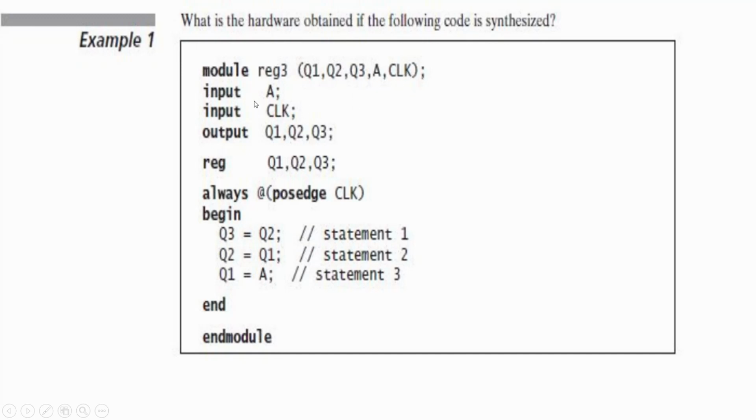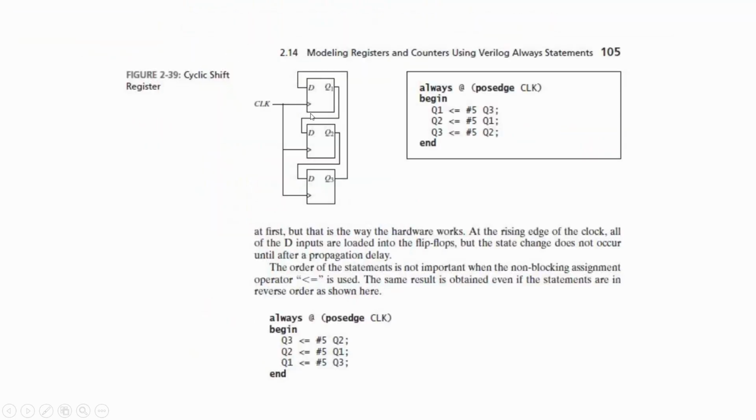As you notice, there are two inputs, a and clk. In our earlier case the inputs were D, the first input, and the clock clk. These two are inputs and Q1, Q2, Q3 are outputs.